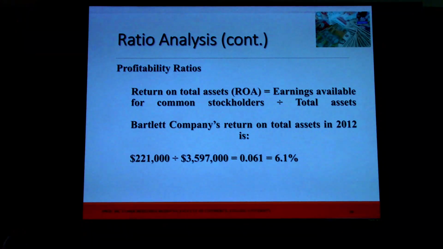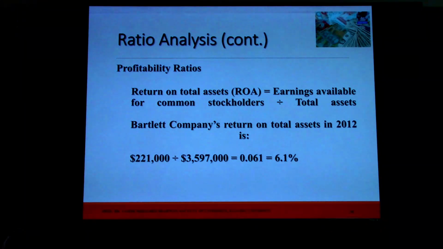And if someone is asking you what is the meaning of the return on total assets, which is equal to 6.1%, it means that for each dollar invested in the assets of this firm, it will create 6.1 cents as net income for common stockholders.